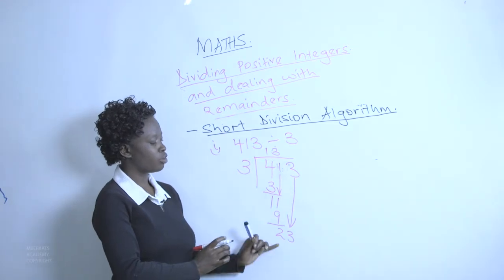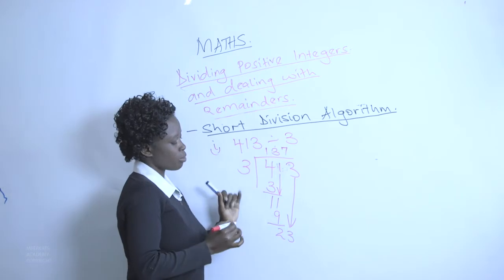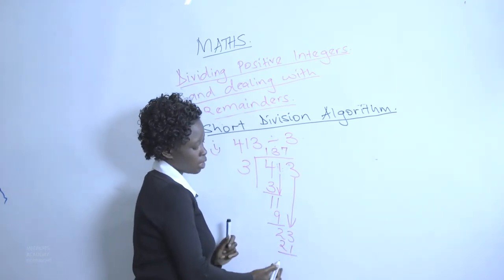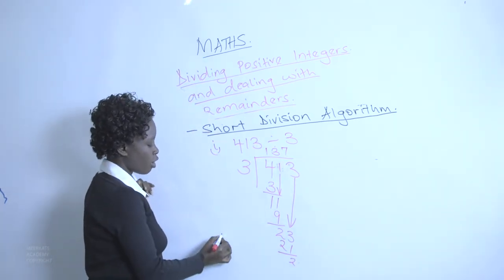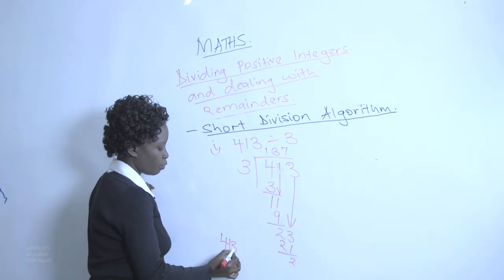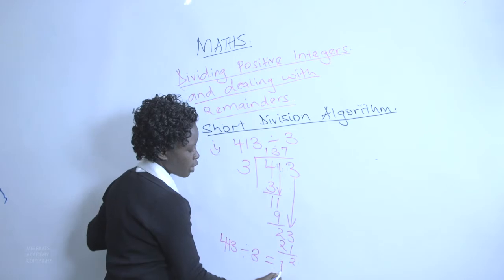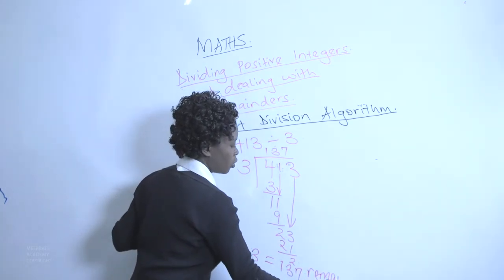So we have 3 into 23, that is 7. 7 times 3 gives us 21. 23 minus 21, we get 2. So what do we say? That 413 divided by 3 simply gives us 137, remainder 2.